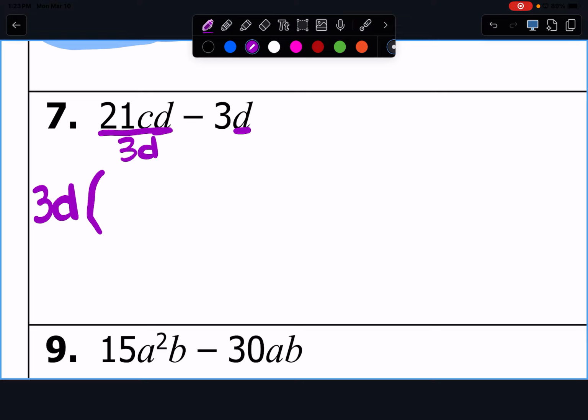What is 21CD divided by 3D? 7C. It's just 7C. Because what happens with the D's? They're going to cancel out. They're going to go to 1. So we get just 7C. Now when we do negative 3D divided by 3D, what do we get? 1 and 1. There we go.